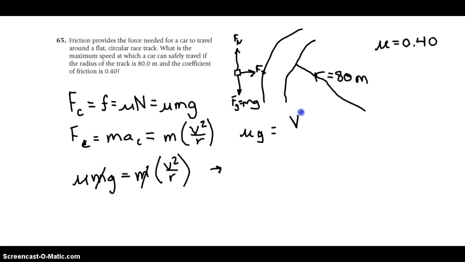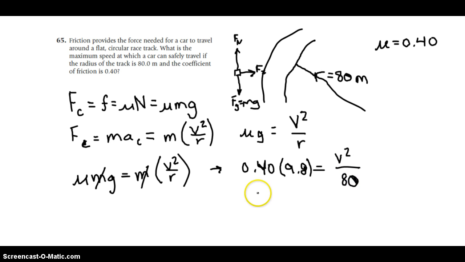And we're trying to find that maximum velocity we can attain given that coefficient. So we can plug in 0.40 for mu. We know that g is equal to 9.8, and we're going to have v squared over our radius, which is going to be 80 meters.